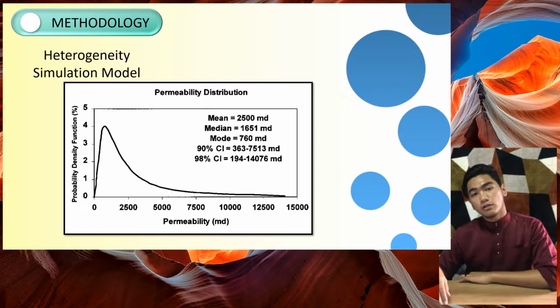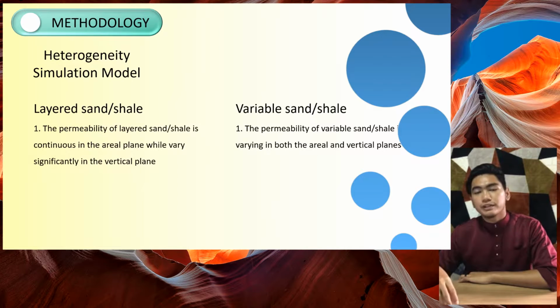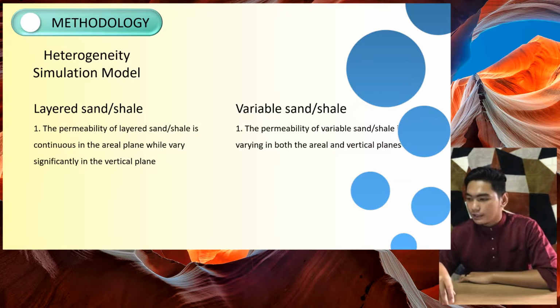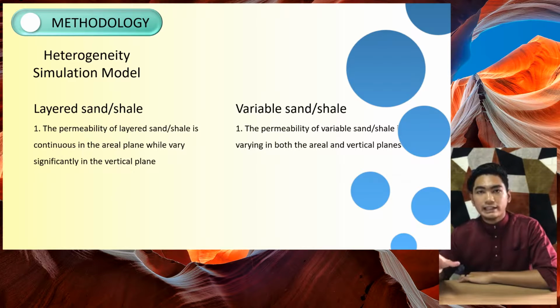We go back to both models. There are differences between them. The first one, the layered one, has permeability that is continuous in the aerial plane, while it varies significantly in the vertical plane.